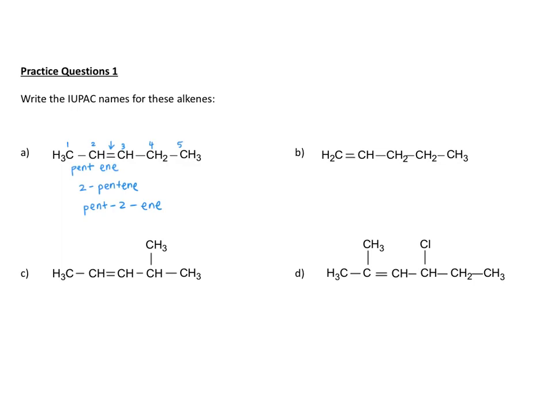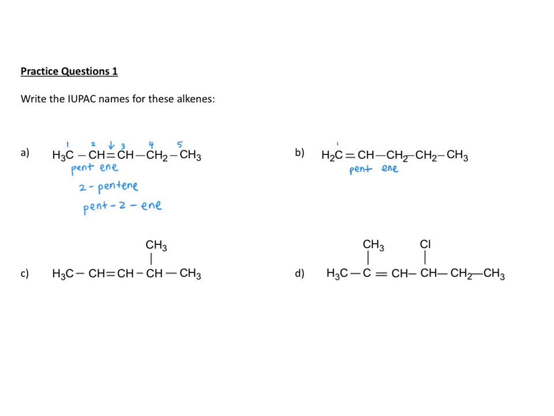Now let's take a look at part B. This question is pretty similar to part A. Here again we have 5 carbon atoms, so the prefix will be pent. Again, this is an alkene with a double bond, so we have the suffix -ene. So once again, we try to number the carbon atoms to give the double bond the lowest possible number.